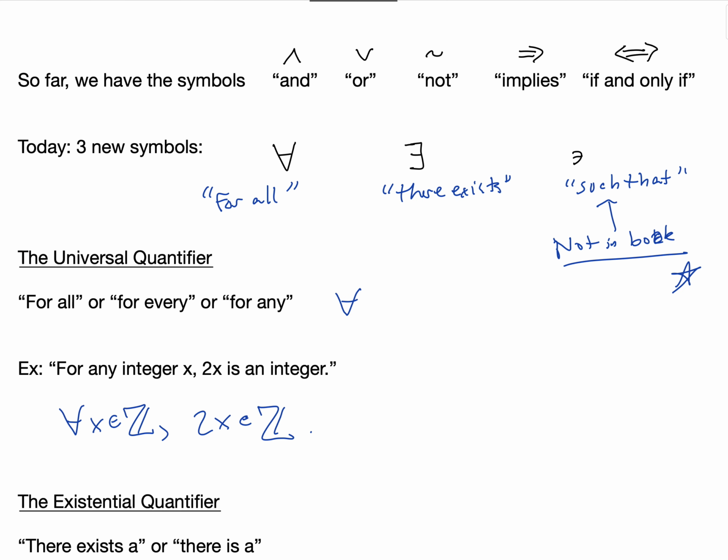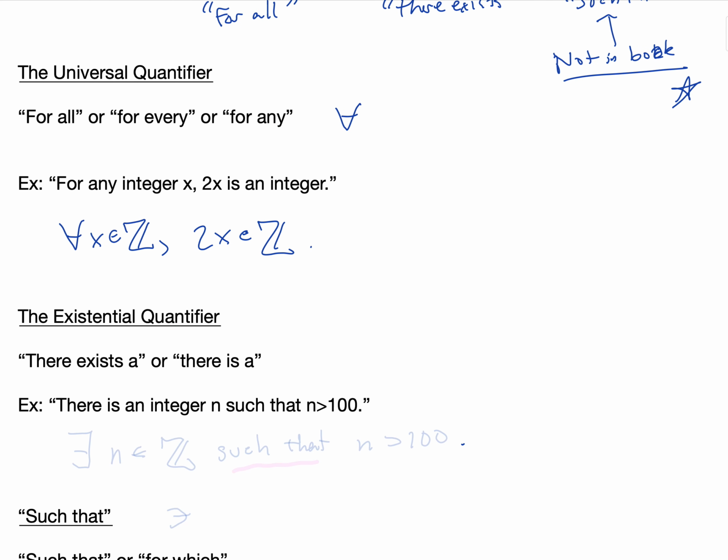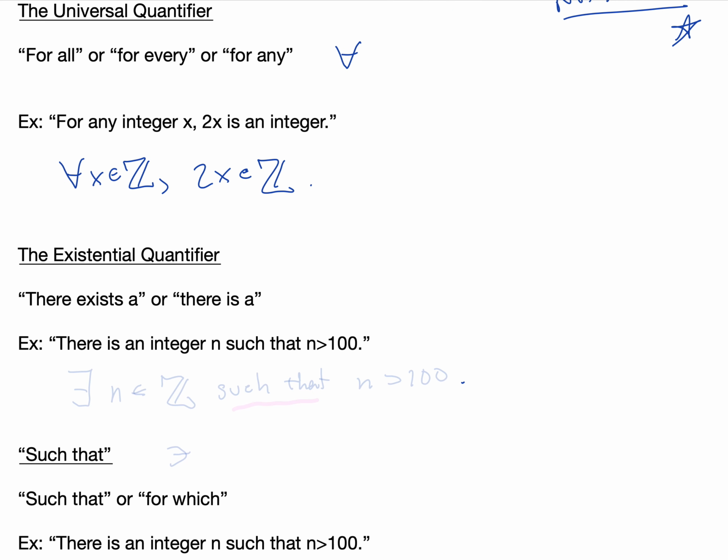Then the existential quantifier, there exists a, or there is a. There is an integer such that n is greater than 100. So we could write that as there exists an n in the integers such that n is greater than 100.